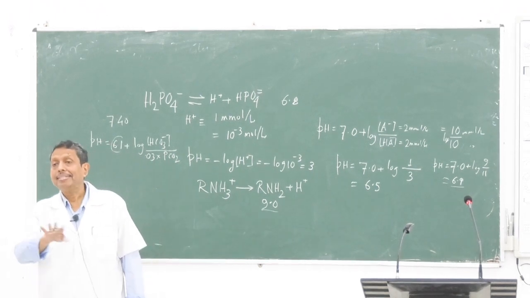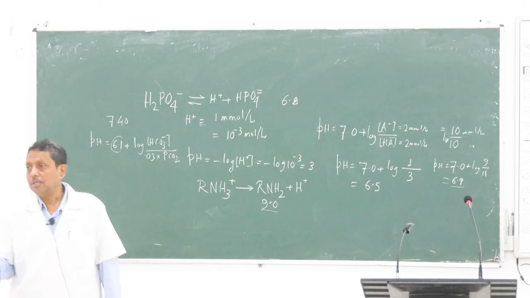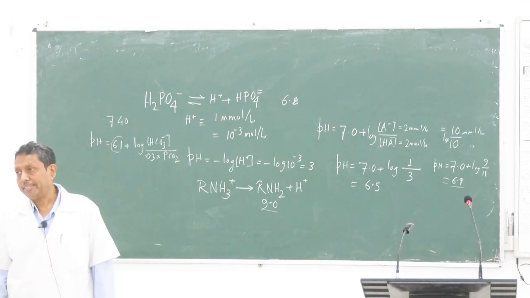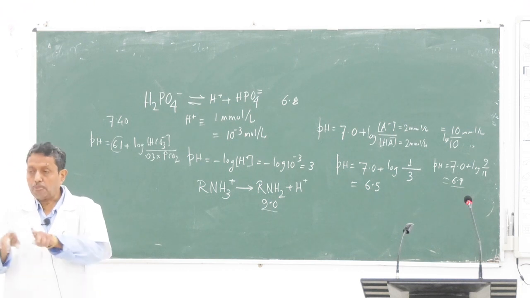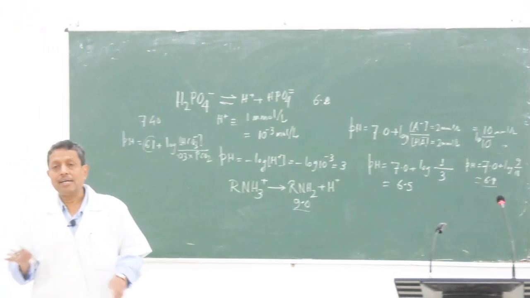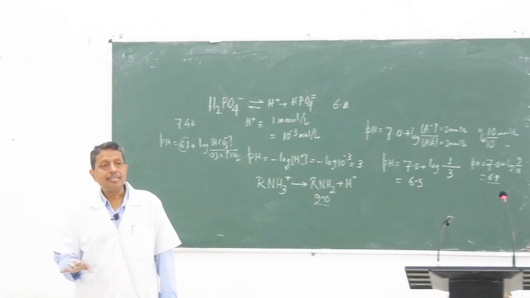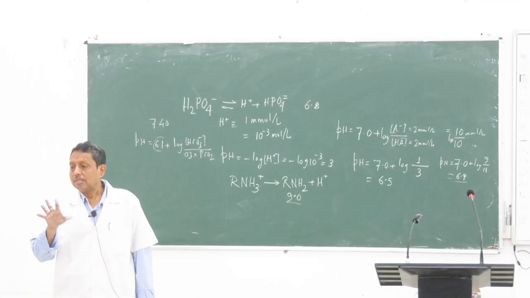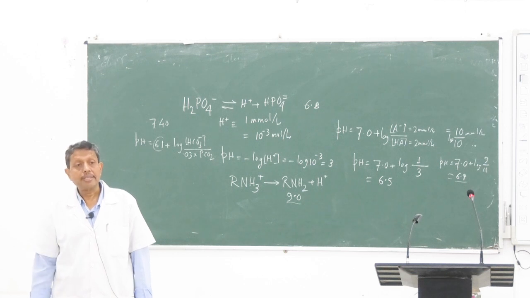So whenever in a system multiple buffers are present and their pK values are different, the same formula applies, and they are present in such a ratio that you get this pH. Clear?